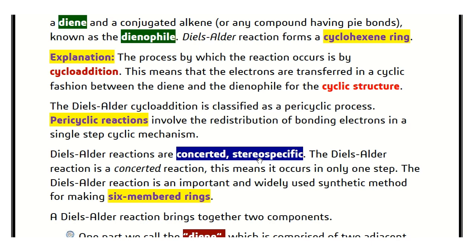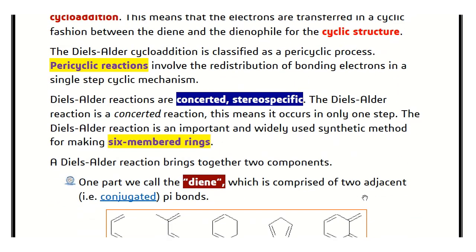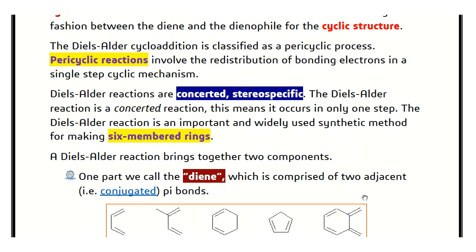For example, the reaction is only favorable if our diene molecule has the s-cis conformation. We will discuss the reason behind the stereochemistry later on. The Diels-Alder reaction occurs in a single step, and the resultant product is a six-membered cyclohexene ring.